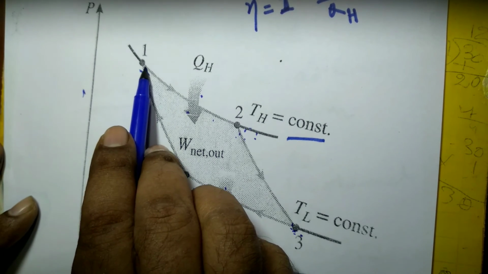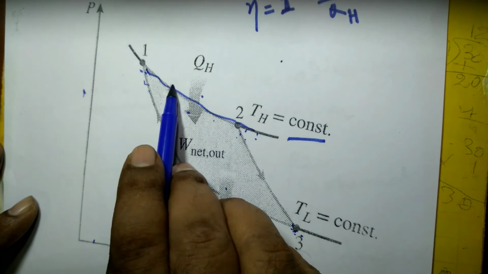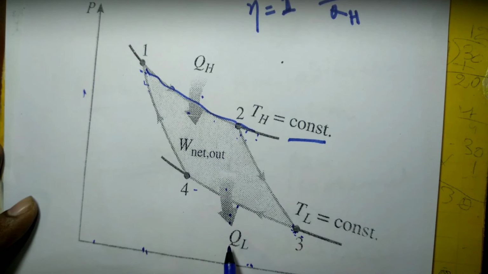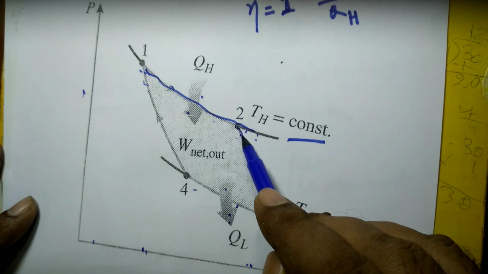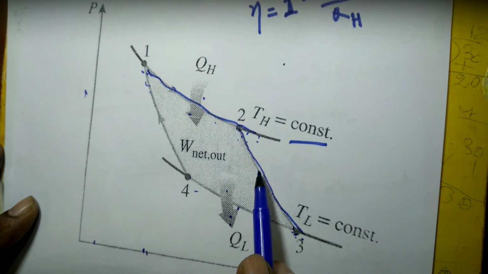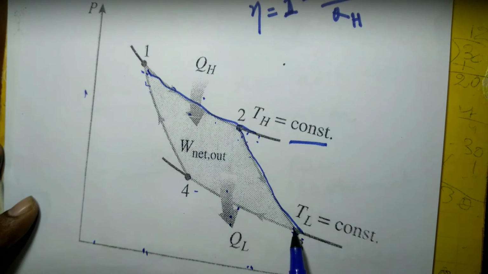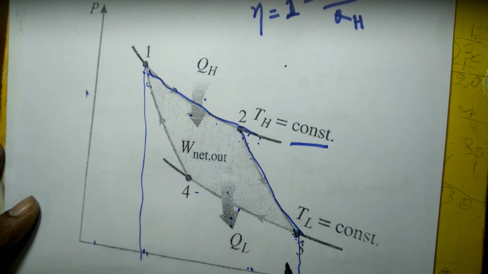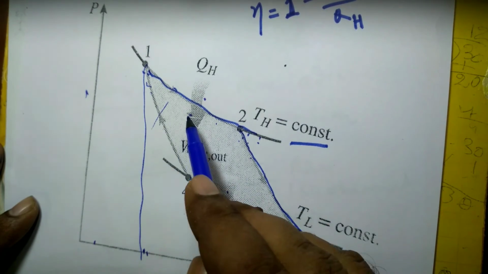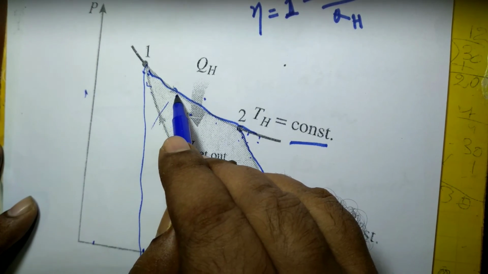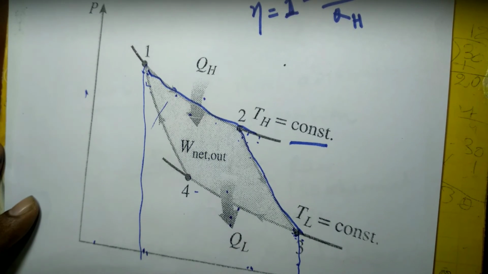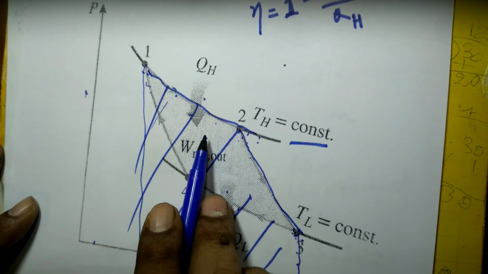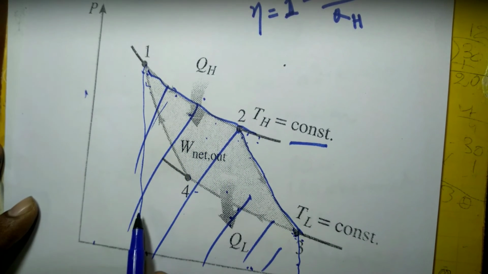So the area under 1-2 represents the work produced during process 1-2, and the area under 2-3 represents the work produced during process 2-3. The area under 1-2-3 projected on the volume axis represents the work output produced during these processes.